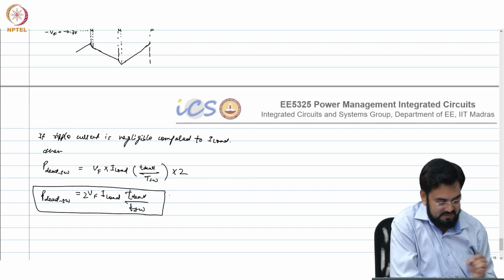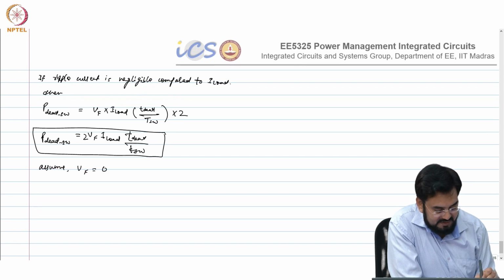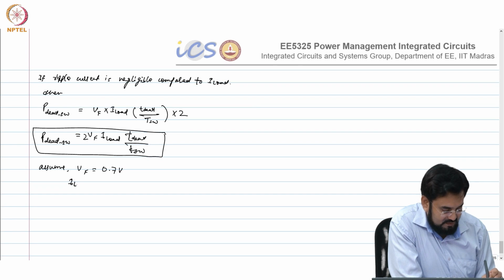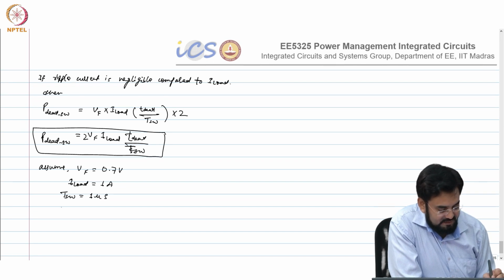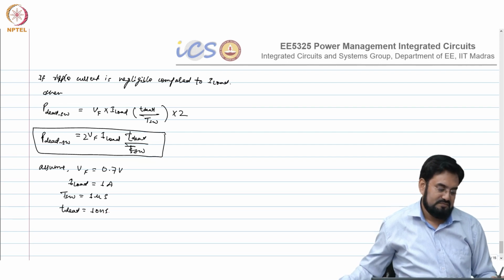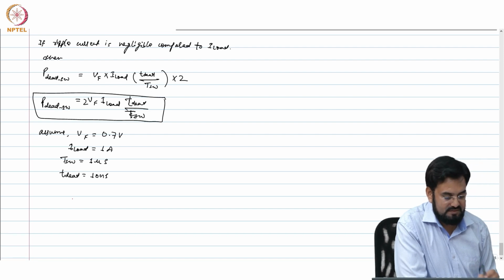Now let's take an example. So let's say I load is, VF equal to 0.7 volt, I load equal to 1 amp, TSW is 1 microsecond, and I'll keep, let's say, TDED 10 nanoseconds, which is 1% of your TSW. Okay.